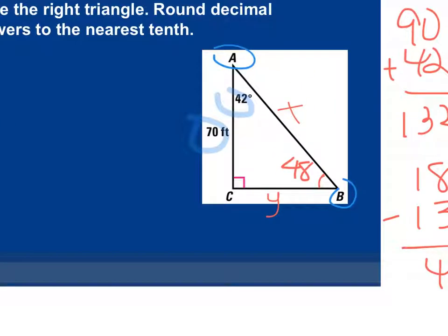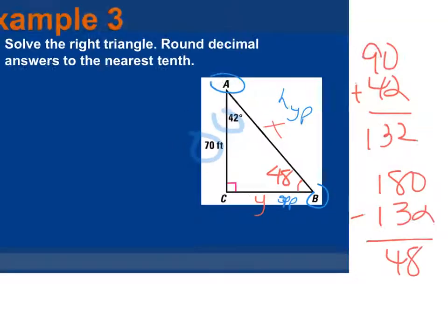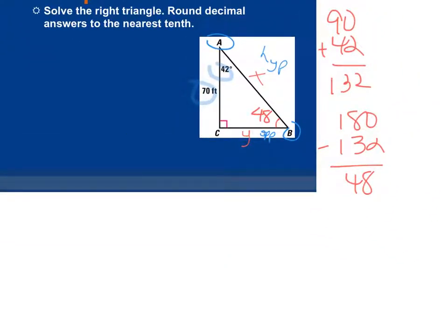What is x? What side? Hypotenuse. And what's y? This one's a leg and it's opposite the 42. All right. So actually I need to do adjacent. I need to find x first because I have adjacent and hypotenuse. So I'm going to find x first.